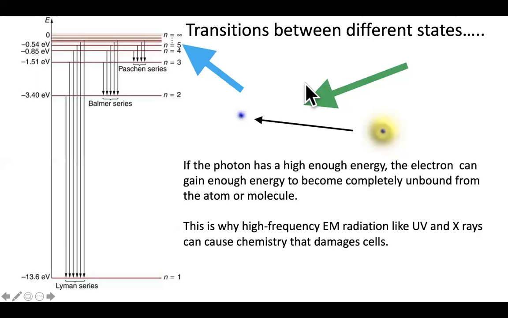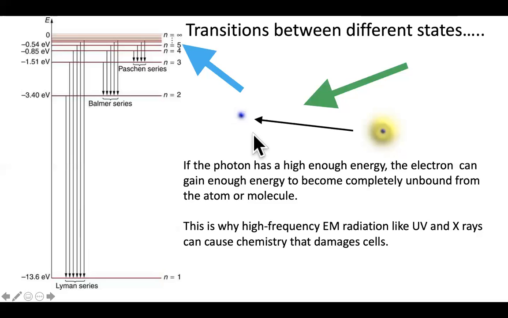Now, to do this again, the photon needs enough energy. That means its wavelength needs to be short. Its frequency needs to be high. This is typical of things like UV and X-rays. Ultraviolet light and X-rays can do this. Infrared, visible, and microwave or radio have a hard time doing this because that requires multiple photons worth of energy to get into the electron, which is hard.